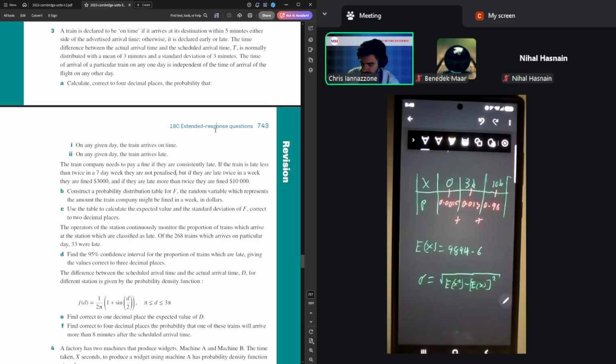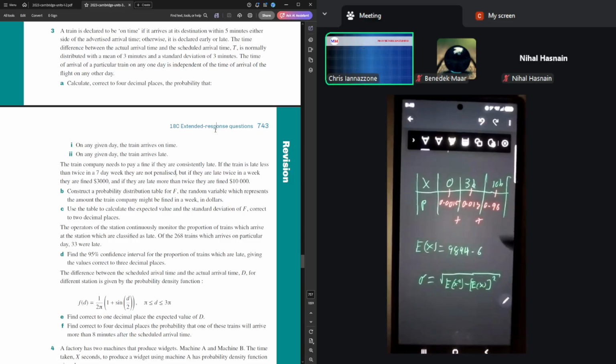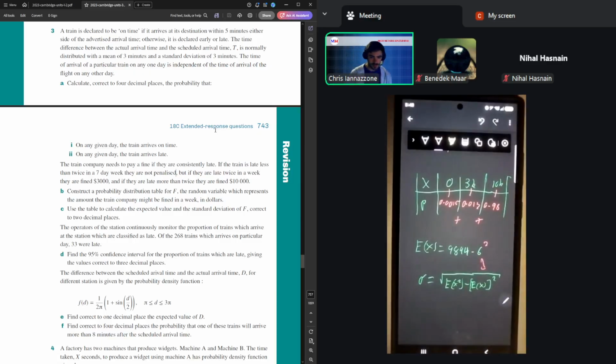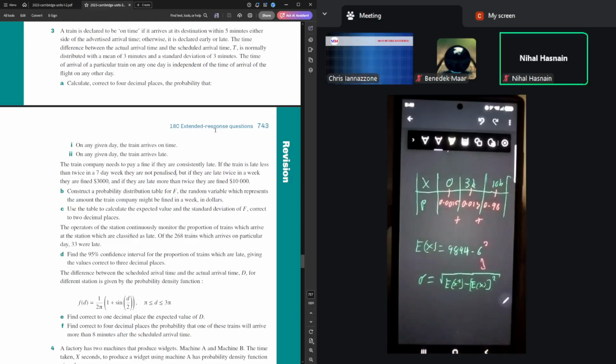So we already have E of x, so squaring this gets us the latter half. All we need to do from this point onwards is calculate our E of x squared. E of x squared. What does that mean in the context of discrete? For the x values, squaring the x values and then the exact same procedure.